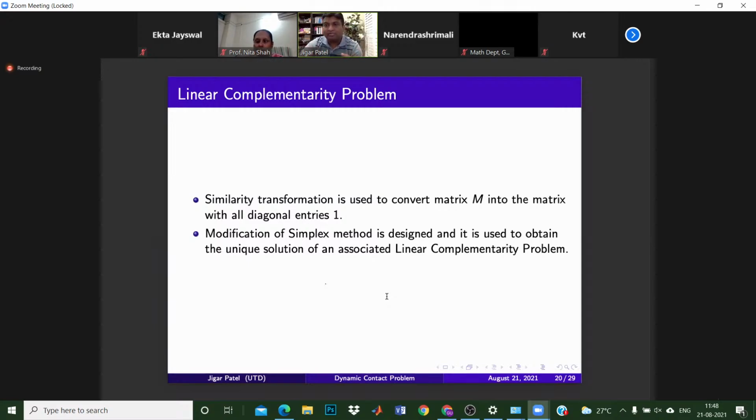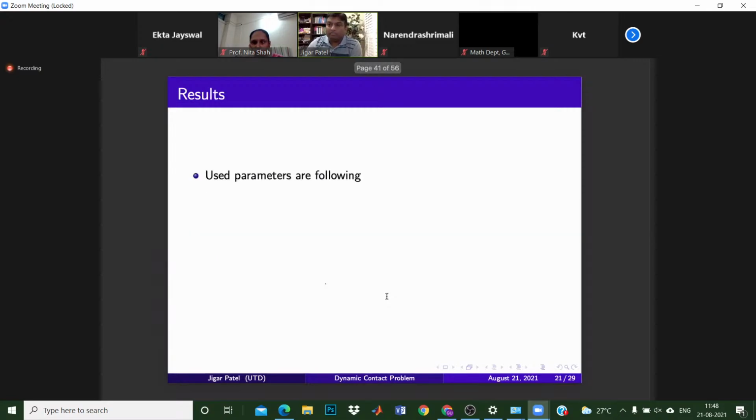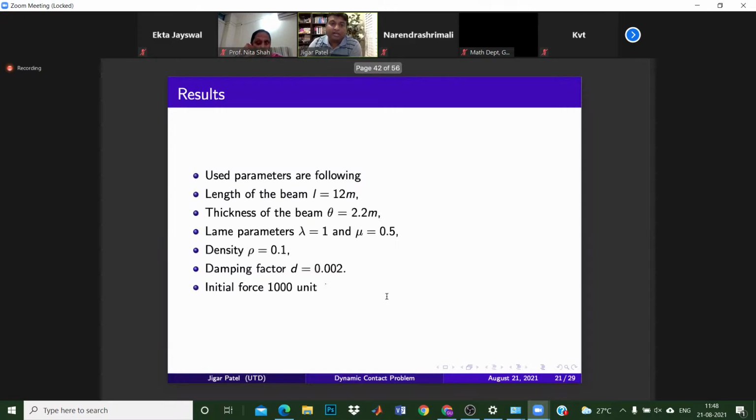Since we have limited time, I really wanted to show you some results that I got, and perhaps the simulation if possible. So here are some results associated with this study. I used the following parameters to create the simulation. The length of the beam was 12 meters.